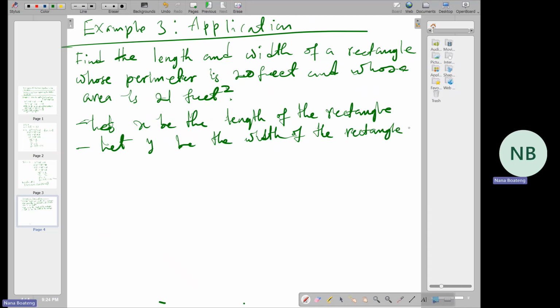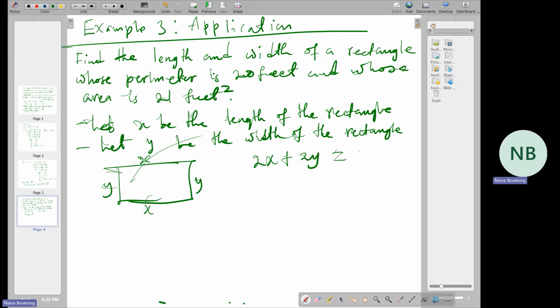If we do this, then we are told the perimeter is 20 feet. So the perimeter of a rectangle is the sum of all the four sides, twice the length plus twice the width. And so this is 2x plus 2y is equal to 20.